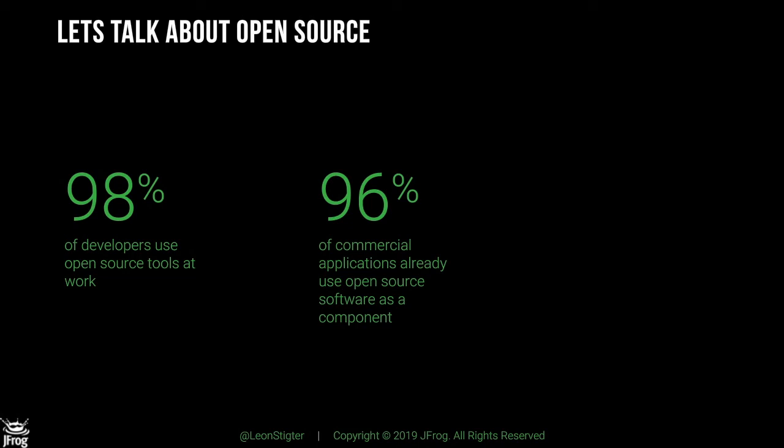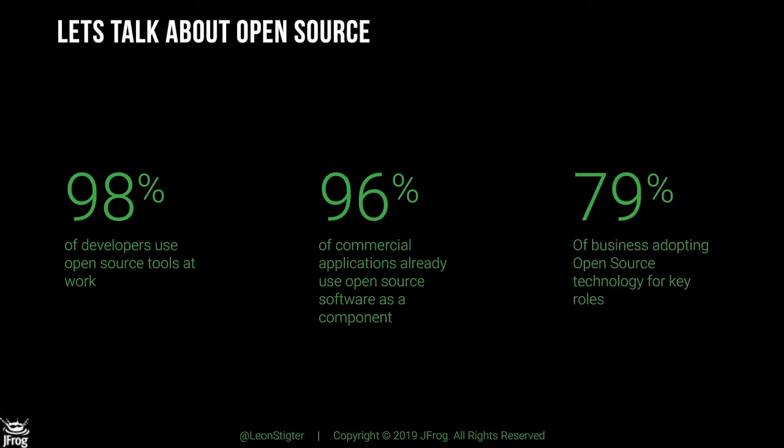And 79% of businesses are adopting open source technology for key roles. So think about this. Not too long ago, we had companies that were so averse to using open source software that nothing would come in unless it was built by that company themselves, or purchased from an existing company.